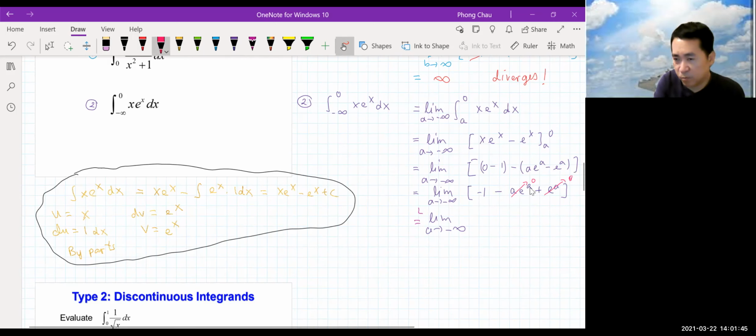We're using L'Hopital's rule here, and you should get 0 for the limit, and the answer is negative 1. So it's equal to negative 1 as the final answer. That finished the first part of 8.8.